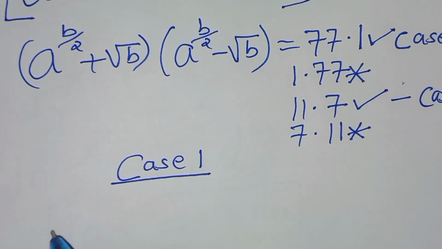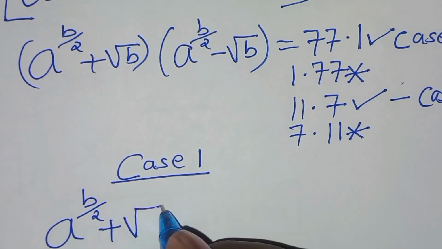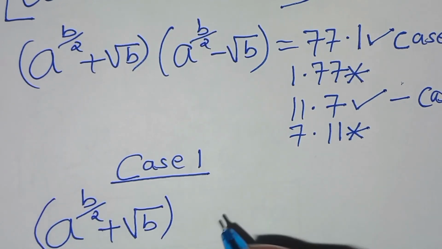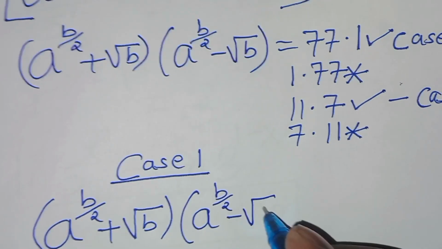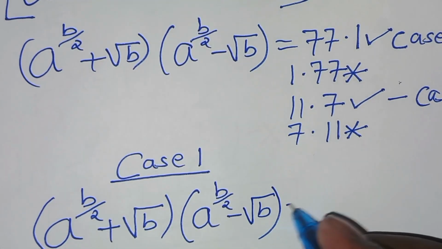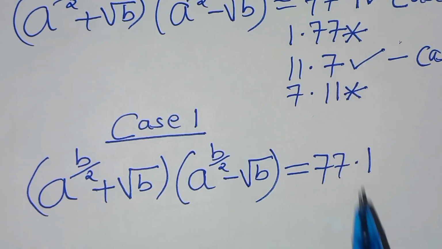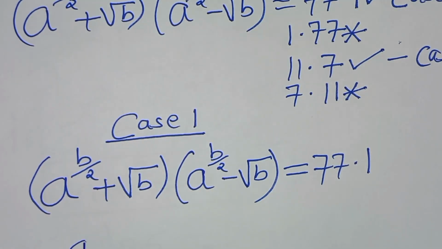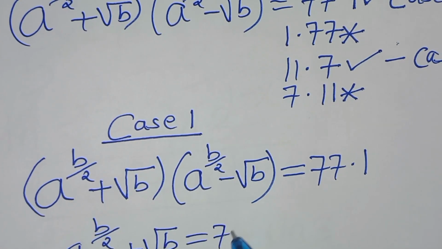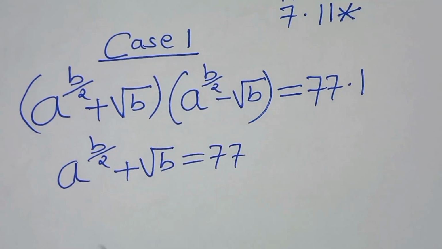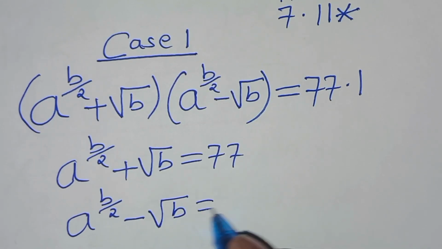Now case 1, we have a to power b over 2 plus square root of b, then we have a to power b over 2 subtract square root of b, this is equal to 77 times 1. So now in this case, we have that a to power b over 2 plus square root of b is equal to 77, and that a to power b over 2 minus square root of b is equal to 1.